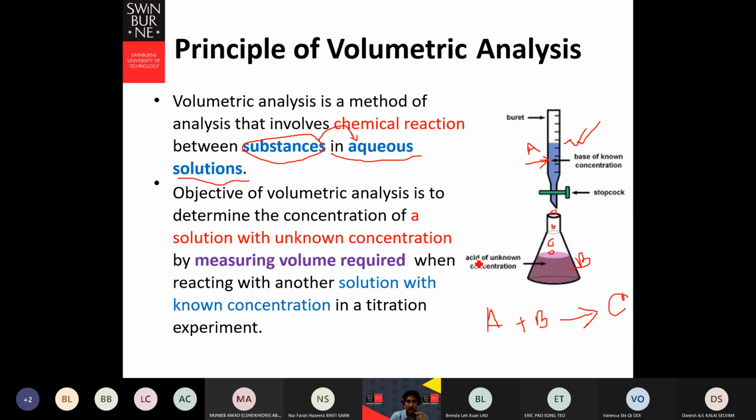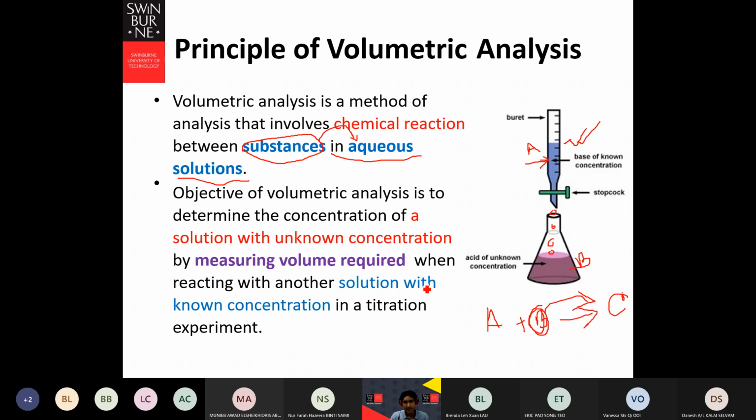If it is not converted to C, then it is not an analysis. We cannot find out the identity or strength unless all of it goes to C.